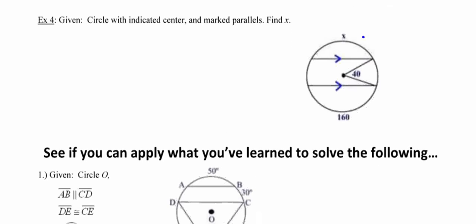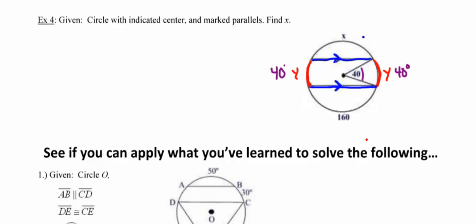In example 4, we're told that these two chords are parallel to each other. So again, I know that the arcs that live between those two chords must be congruent to one another. I can't call them x because somebody has already used the variable x in that problem. I might call them y. I know that the value of y has to be 40 because that central angle has the same degree measure as that arc.